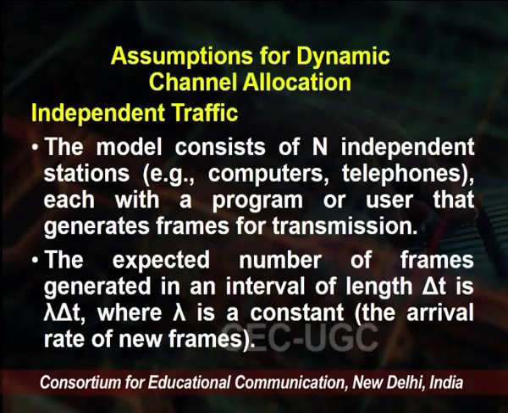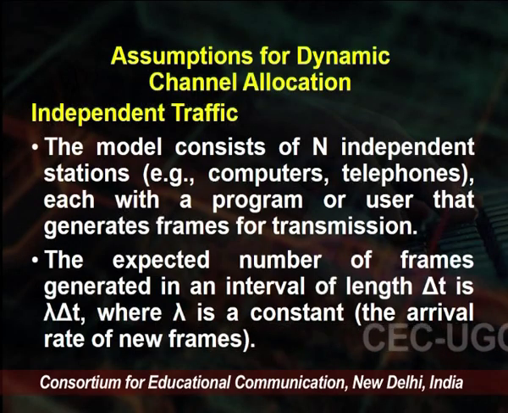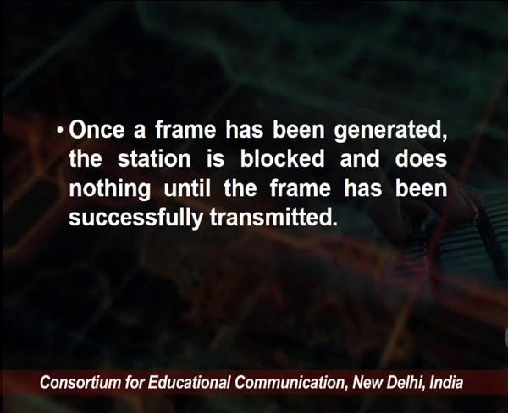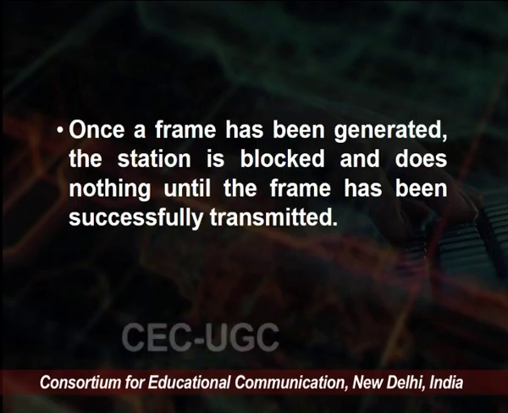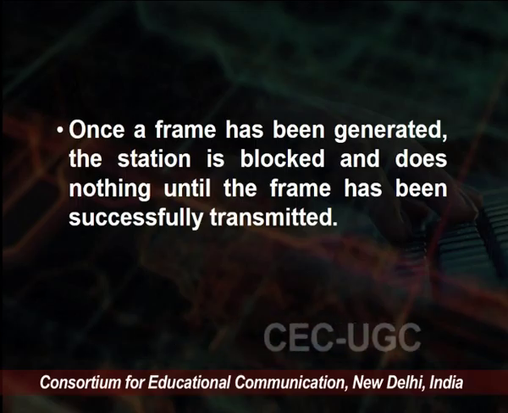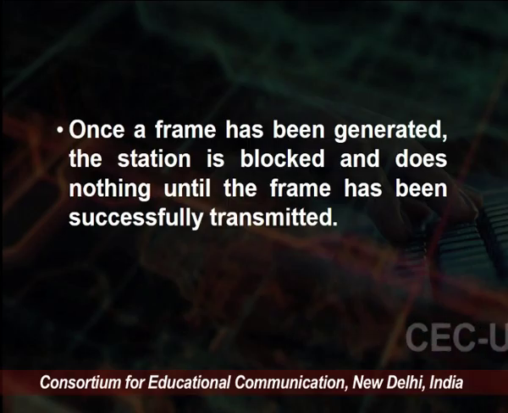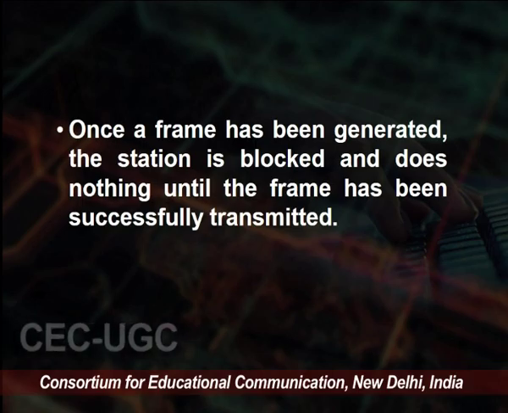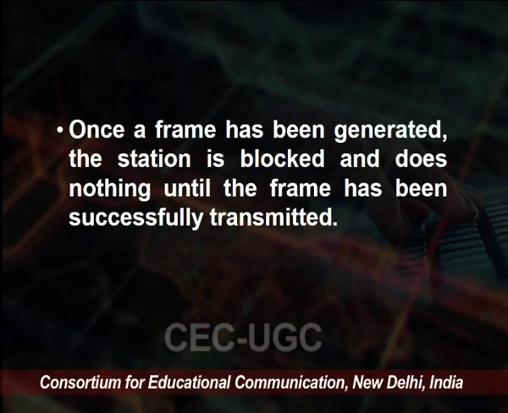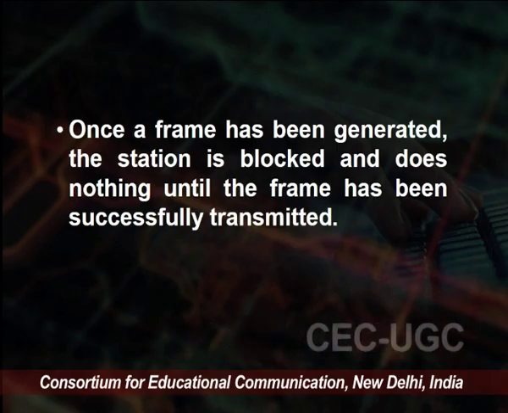So, this says the traffic is independent, in the sense that once a frame has been generated, the station is blocked and does nothing until the frame has been successfully transmitted. So, traffic is independent of everything else.